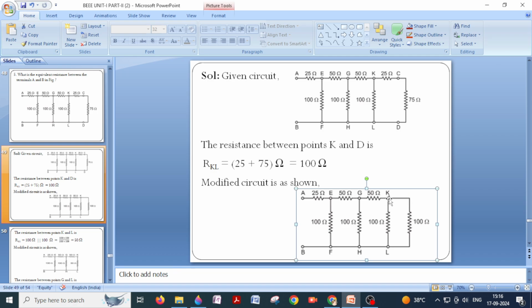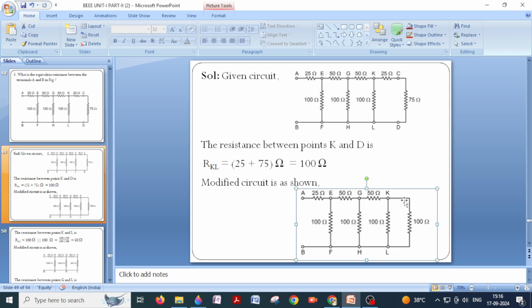Observe what is happening at node K. These two branches are dividing. If current enters through the 50 ohms branch at node K, then current will divide into two parts.